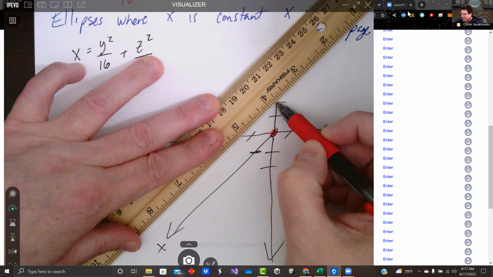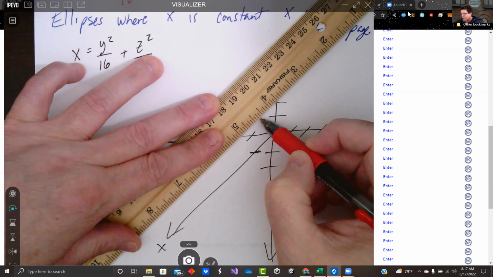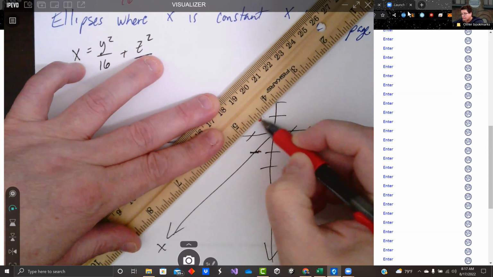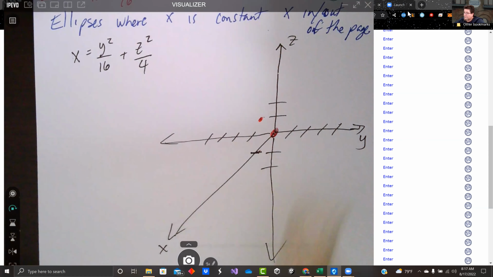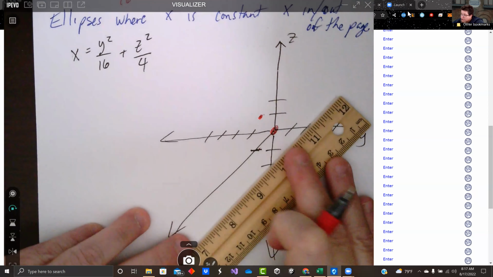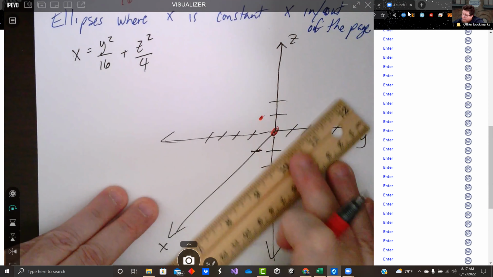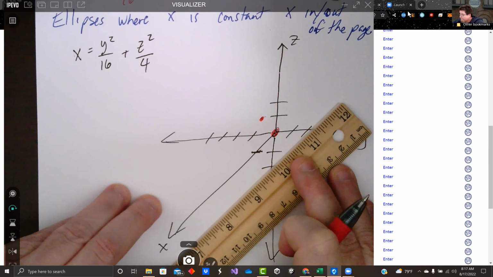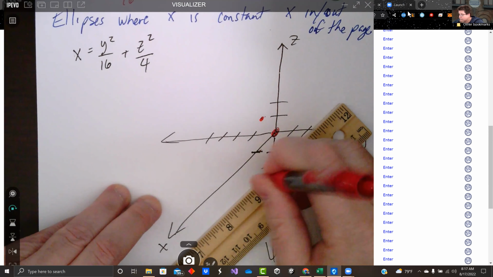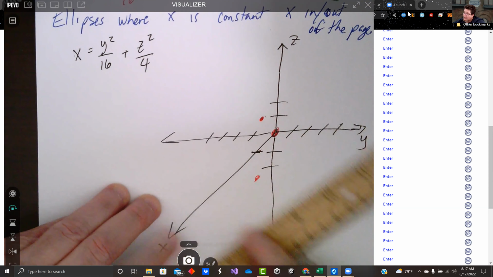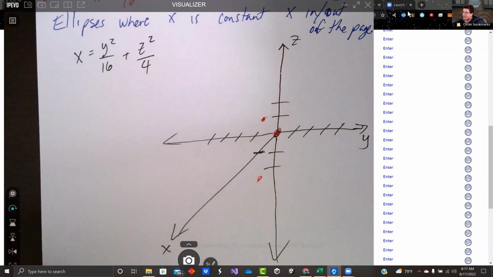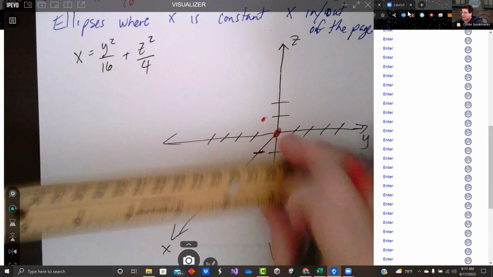Rather than having it here, I'm going to come down right about there. And I'll do the same thing below, trying to keep that same slope. And however far left and right I went here, I want to go left and right that far.